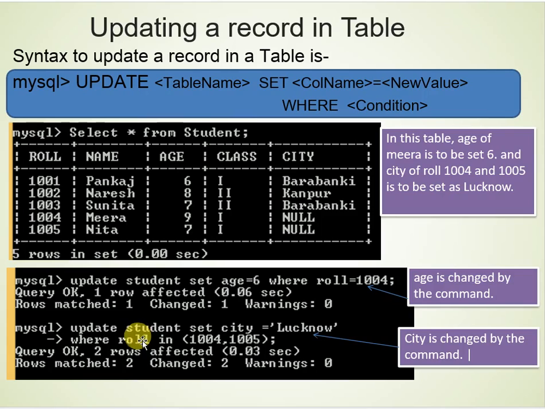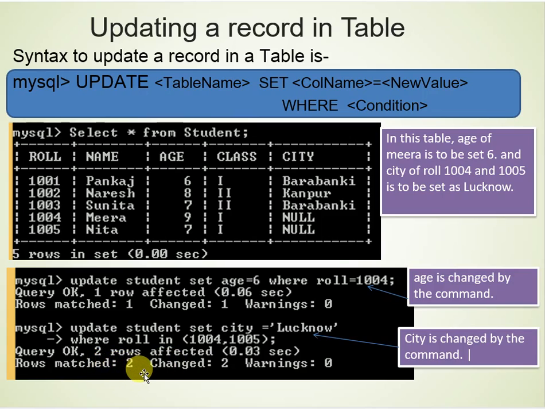Likewise, see the other information we want to update, like the city. Update command, table name is student, set keyword, and city equal to the new value Lucknow, where roll number in 1004 comma 1005, semicolon, press enter.